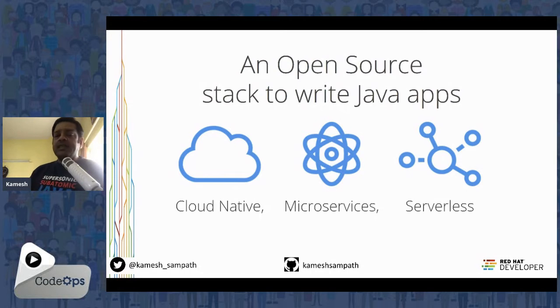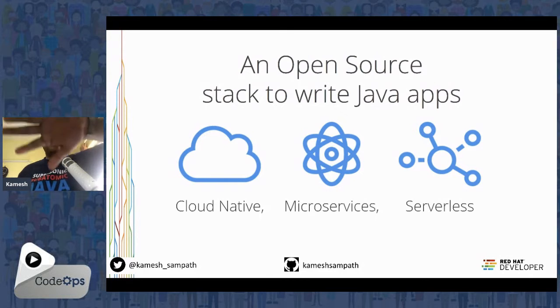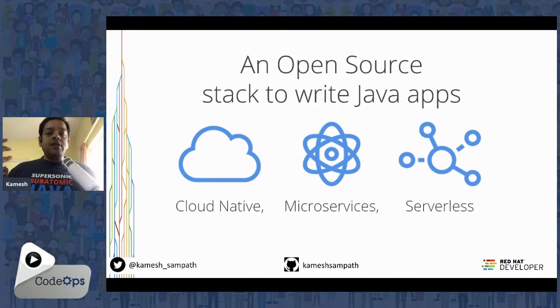I'll talk about density in a second. But basically we need an open source framework. What we had today might be either cloud native only, or microservices only, or serverless only. But what we made sure with Quarkus is that it is an open source stack for writing frameworks or applications for cloud native as well as microservices as well as serverless.